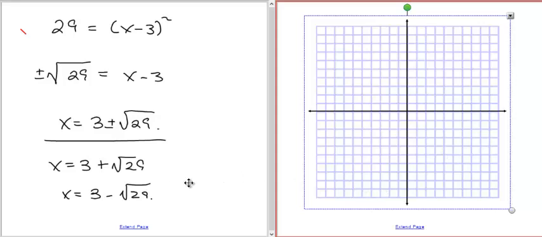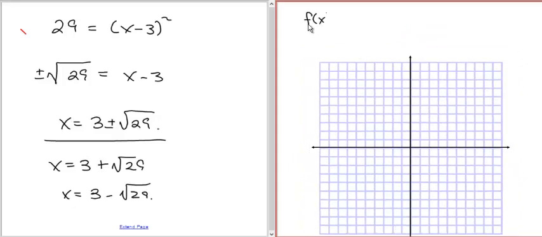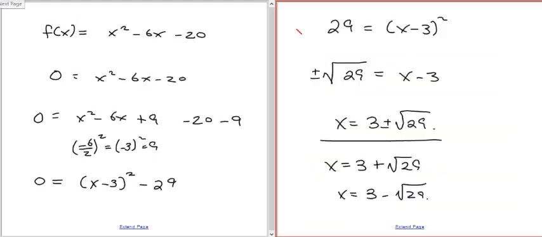So the original function was, I forgot what it was, x squared minus 6x minus 20.